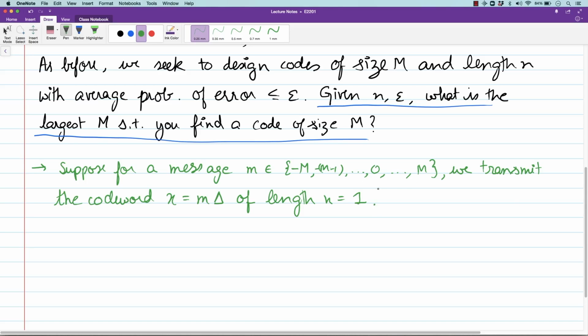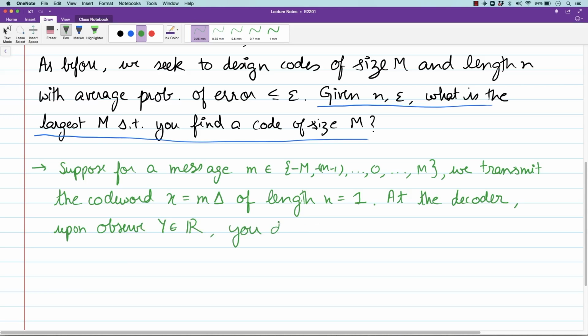What is the average probability of error? Maybe I should also, just for completeness, define the decoder. At the decoder you observe this symbol y, the real number y.